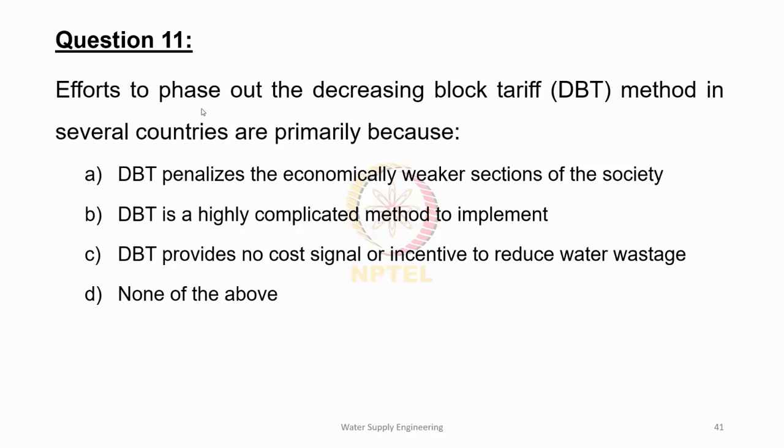Option C, DBT provides no cost signal or incentive to reduce water wastage. Option D, none of the above. This also we have seen when I was explaining decreasing block tariff method, why it is less adopted these days.